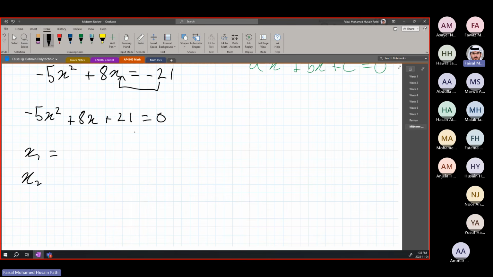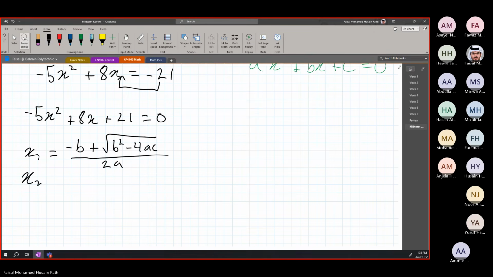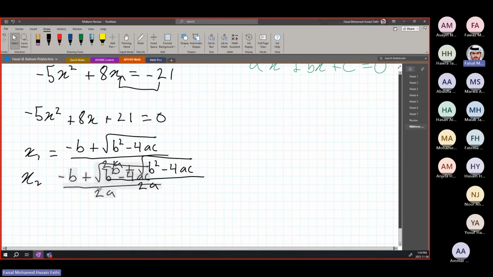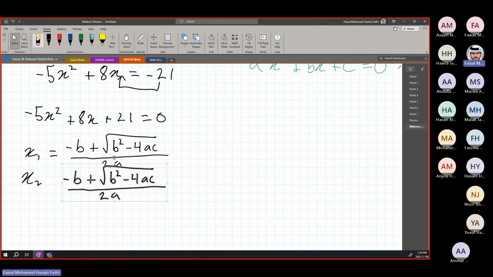So x1 is equal to minus b plus square root b squared minus 4ac over 2a, and you just, the same exact equation is going to be for x2. x2 is equal to this, but instead of plus, this is going to be minus.